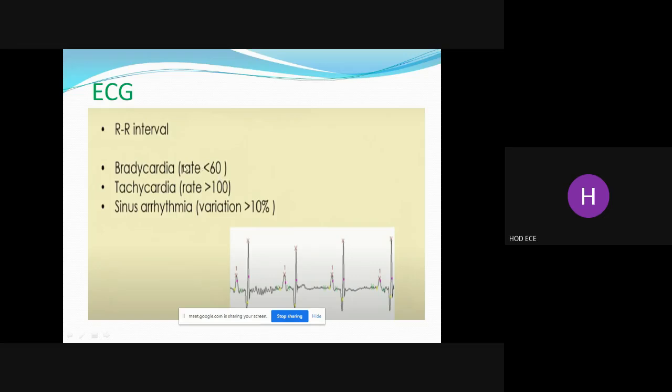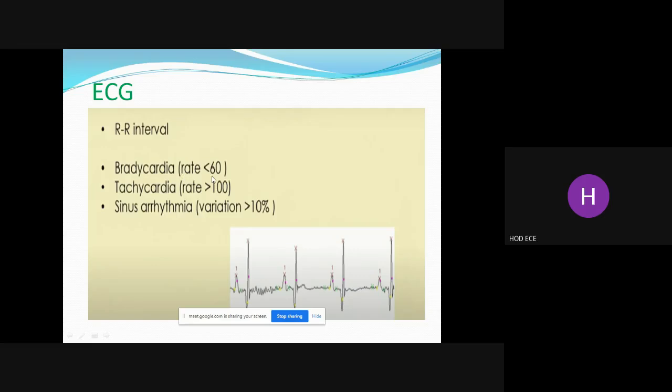Now for abnormalities, consider the number of peaks per minute. If it is less than 60, it is said to be bradycardia. The number of cycles being less than 60 implies that the supply of oxygen and glucose will be in shortage to the various parts of the body.